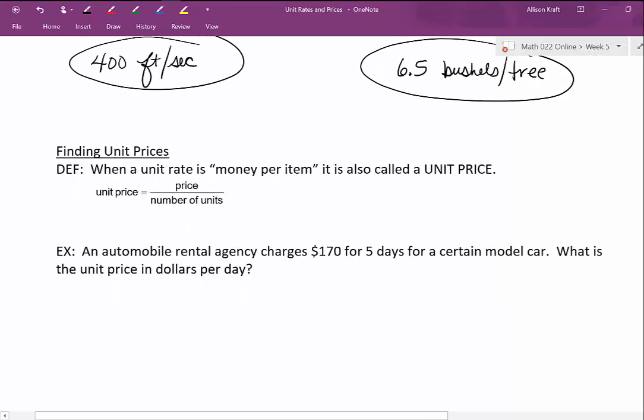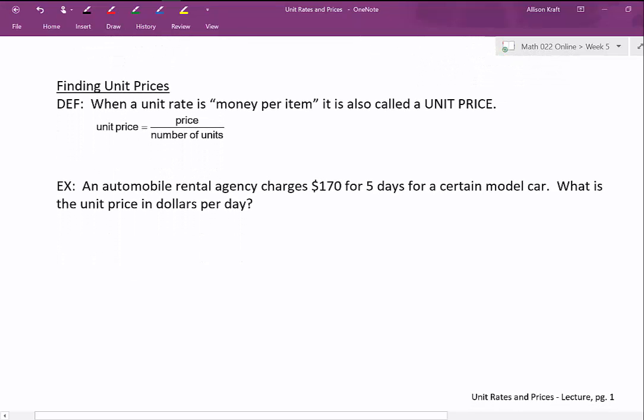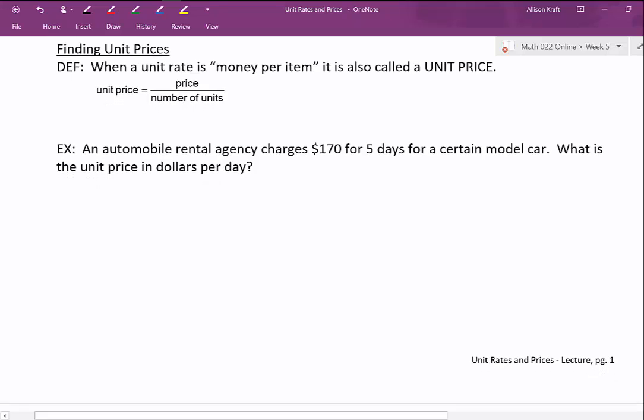Unit price is money per item. Unit price is found by taking the price and dividing it by the number of units. An automobile rental agency charges $170 for 5 days for a certain model car. What is the unit price in dollars per day?